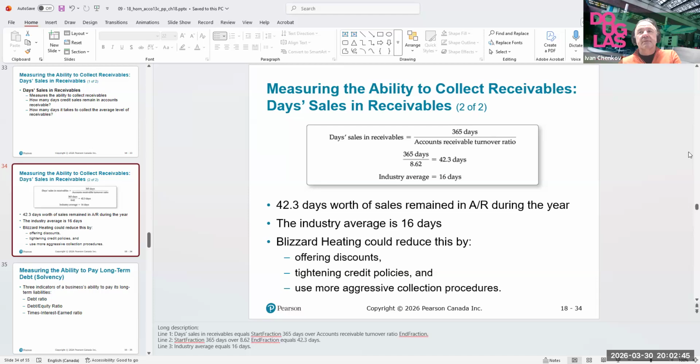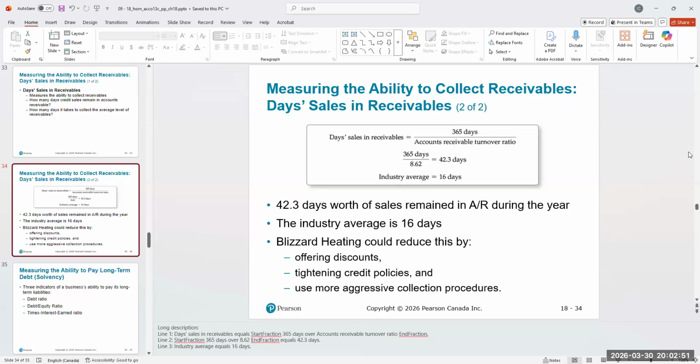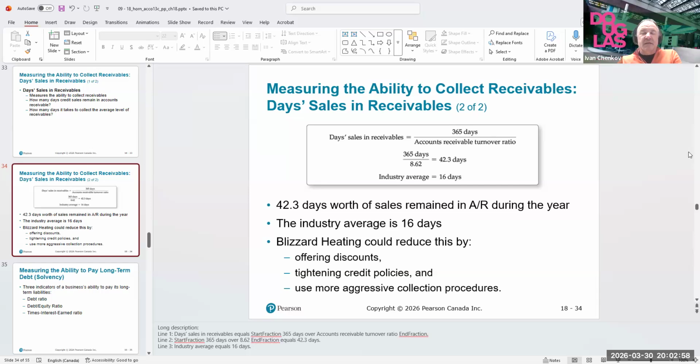There's a question. Go for it. If they're paying by cash, shouldn't it be cash sales instead of credit sales? It's going to be cash sales, yes. In that case, this ratio doesn't make sense, right? But I want to purposely use that number so you can feel it.